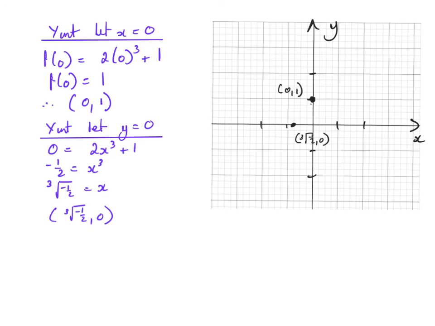And we know what's happening around the point 0, 1. So we can just very lightly draw in, and then we're going to go through our x-intercept, which is about negative 0.79. And our aim again is to get a nice smooth graph that goes through our coordinates. So that is the graph of 2x cubed plus 1.